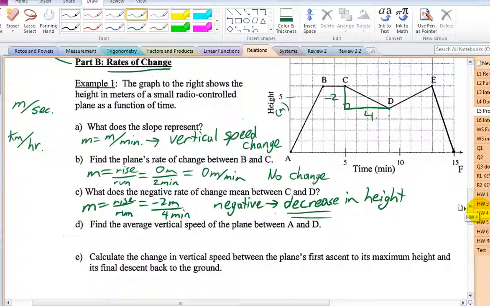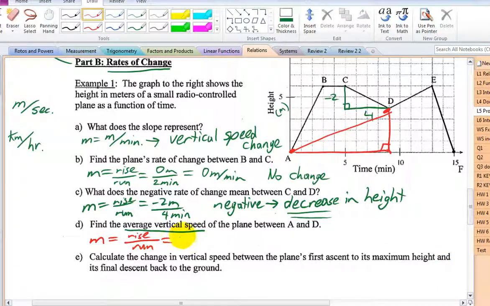D. Find the average vertical speed between A and D. So here's point A, there's point D. Find the average vertical speed. So you have to do your triangle. Make your triangle, please. Find your slope. Rise over run. Go ahead.